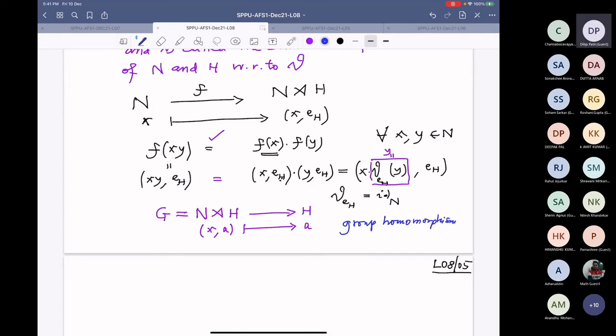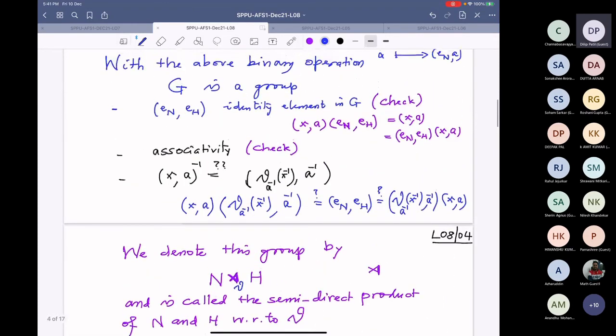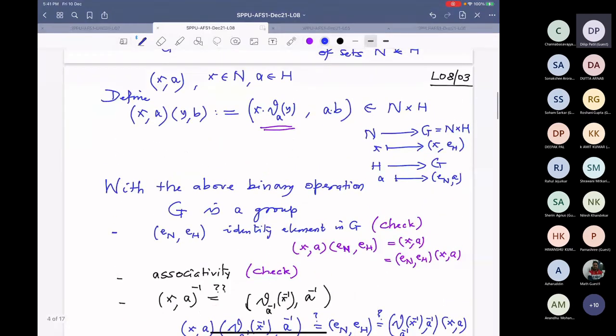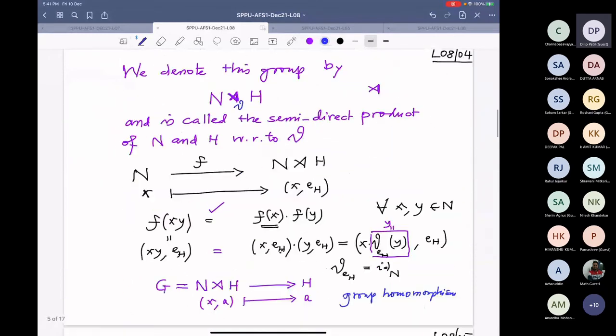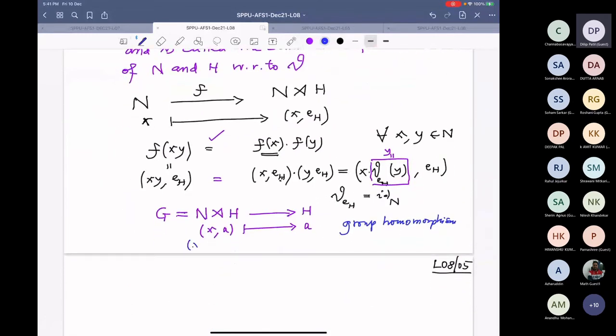See, the group structure is not bothering the second component. The second component is very good. So if I take two elements (x, a) and (y, b), where does it go under this projection?